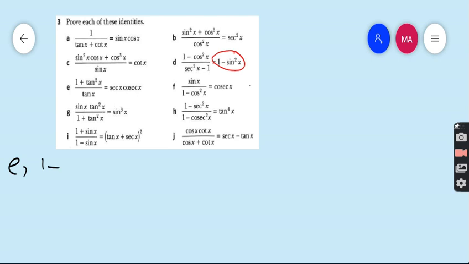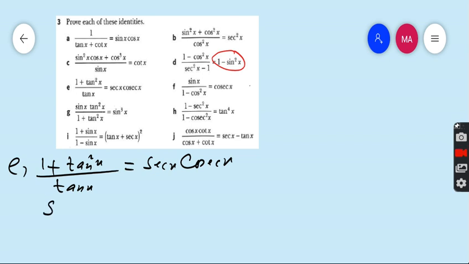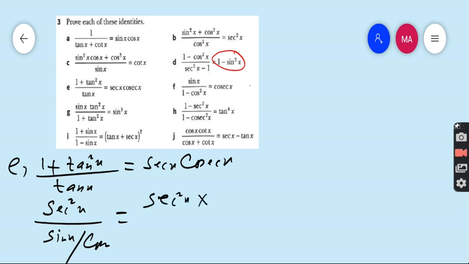Part E is 1 plus tan square x upon tan x is equals to sec x cosec x. Take the left hand side, 1 plus tan square x, you know, is what? Sec square x, and tan x is sin x upon cos x. So this can be written sec square x multiplied by cos x upon sin x.